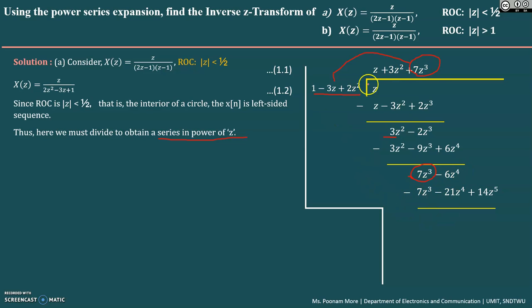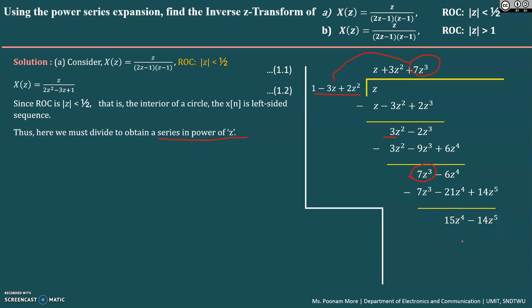Upon multiplying 7 into z cube with 1 minus 3z plus 2z square, we will get 7 into z cube minus 21 into z raised to 4 plus 14 into z raised to 5. Now we will perform subtraction between these two equations, and as a result we will get 15 into z raised to 4 minus 14 into z raised to 5.